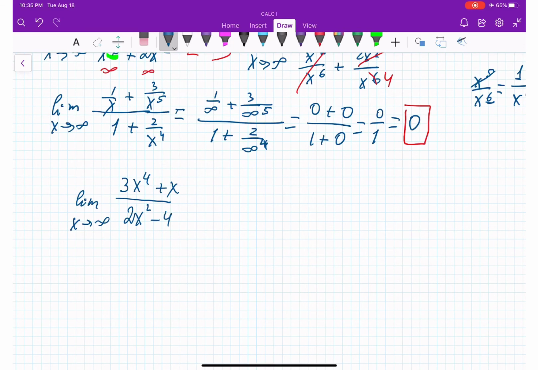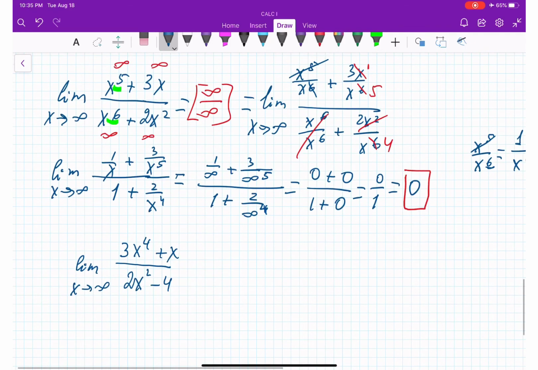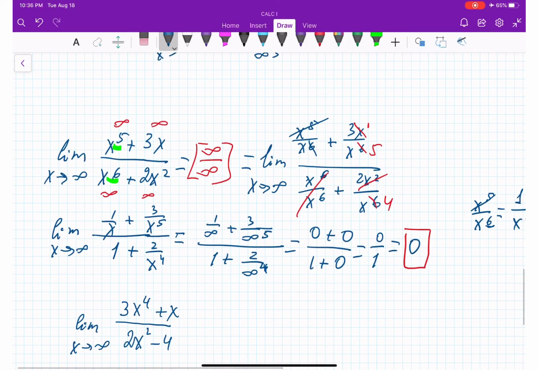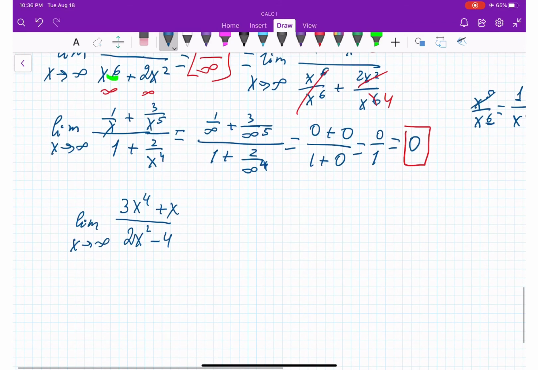We looked at the cases when the highest degrees of numerator and denominator are equal, then we get the coefficient of the highest degree in the numerator over the coefficient of the highest degree in the denominator. When the highest degree is in the denominator, the limit becomes 0. Now let's look at when the highest degree is in the numerator.